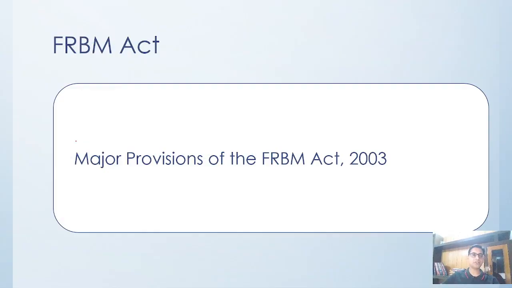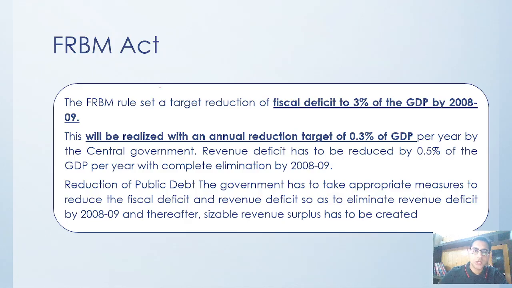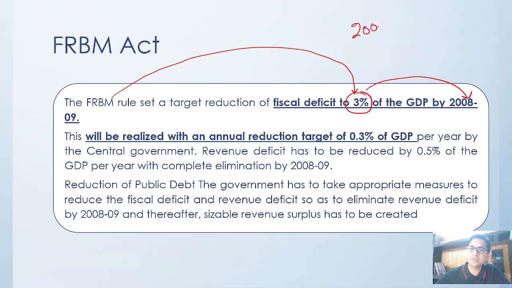So what are the major provisions under the FRBM Act? Let's discuss some of them. The FRBM Act targets the fiscal deficit at 3% by 2008 and 2009.